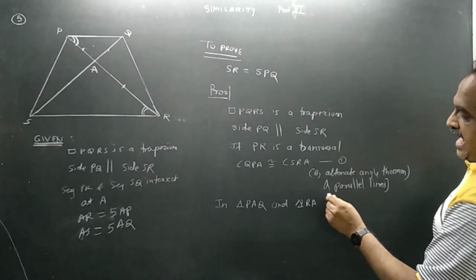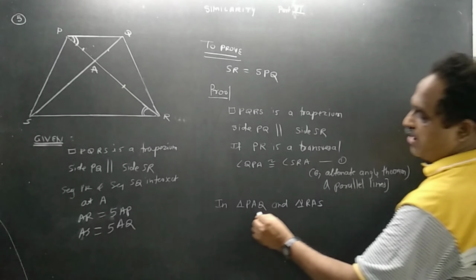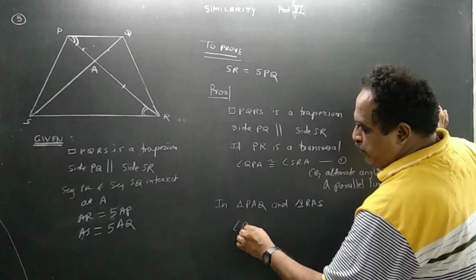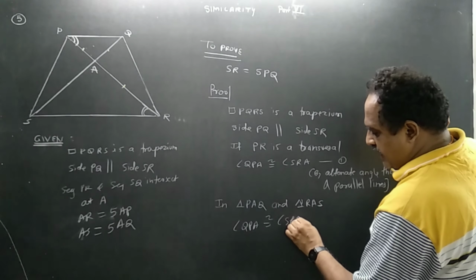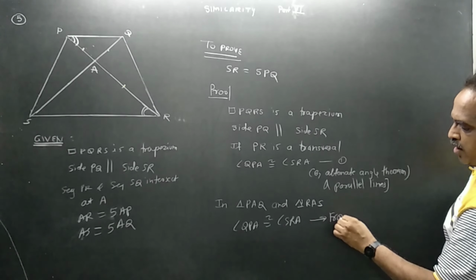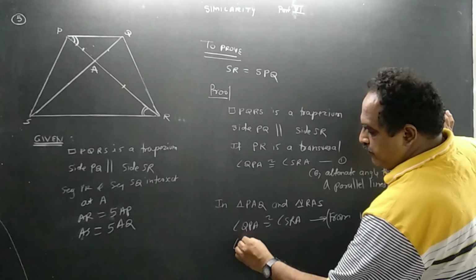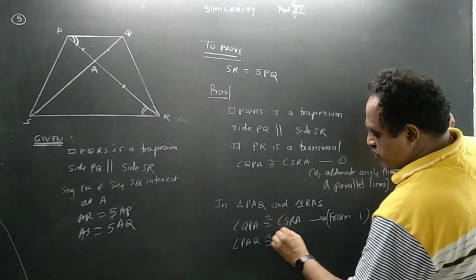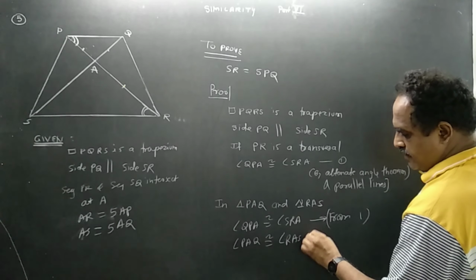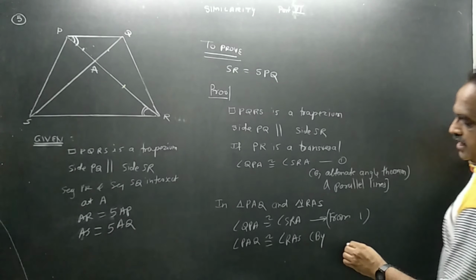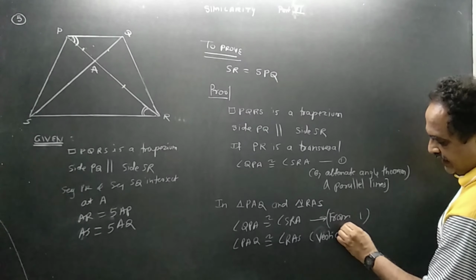A and S. So first of all, you have proved that angle QPA is congruent to angle SRA. There we are going to write from 1, and angle PAQ is congruent to angle RAS by, we can write actually, vertically opposite angles.